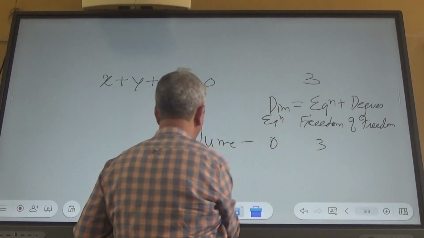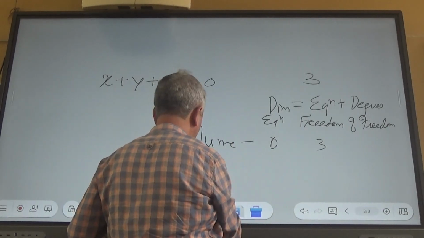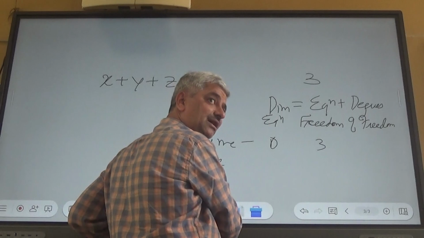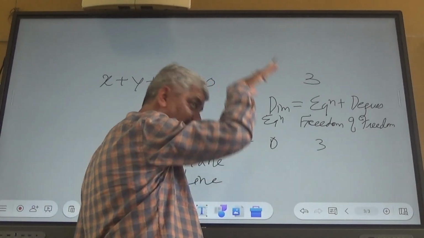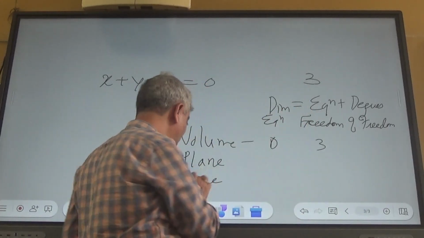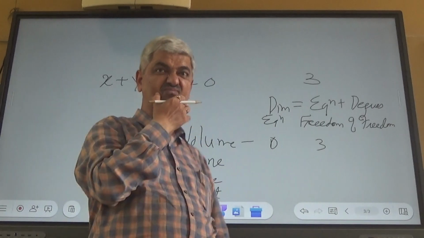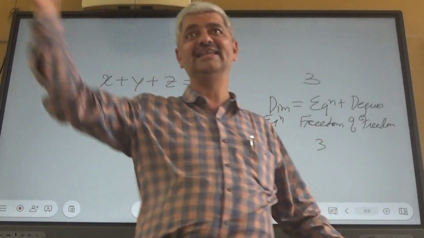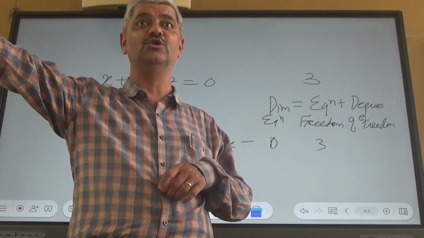After volume, what comes? Plane. After plane, what comes? Line. After line, what comes? Come below, point. There is a firing room at some location. Get out to that firing room so that somebody will scold you.